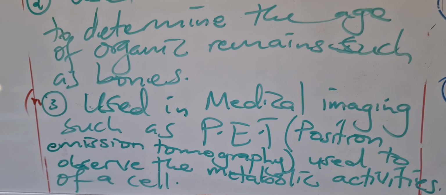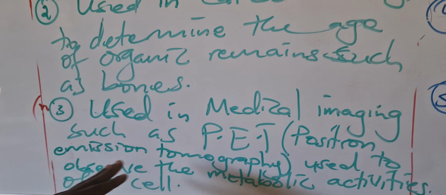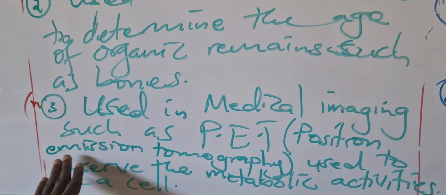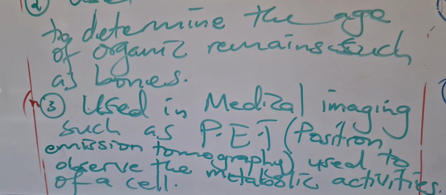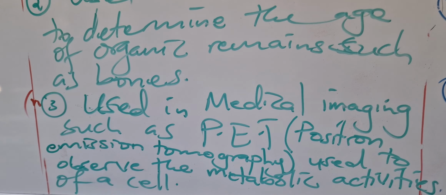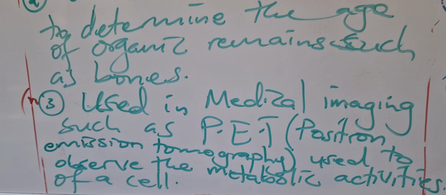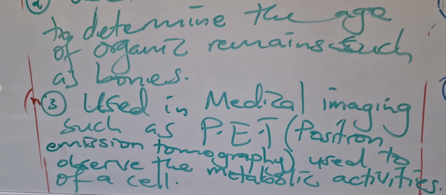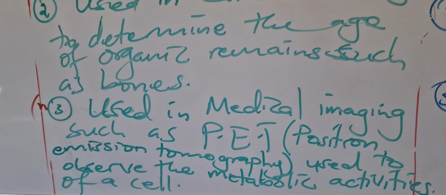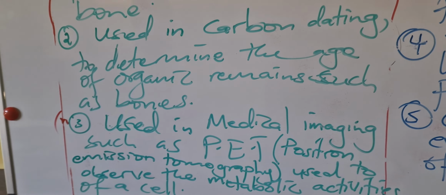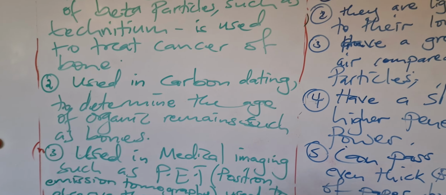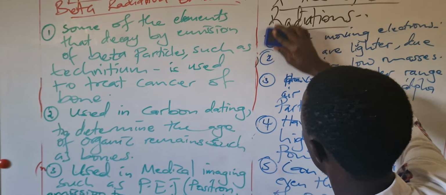So the kind of imaging they take on cells is known as the PET, the positron emission tomography. They use it to observe how the metabolism takes place in the cell. Also to detect the level of cancer in a cell or the level of the effect of cancer in a cell.